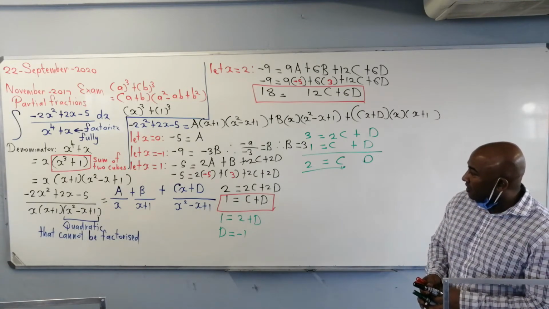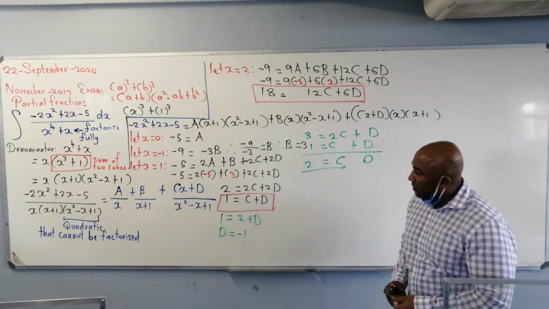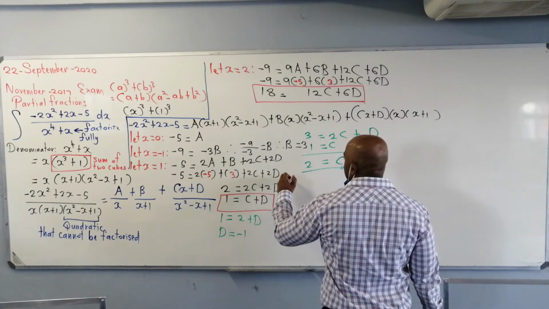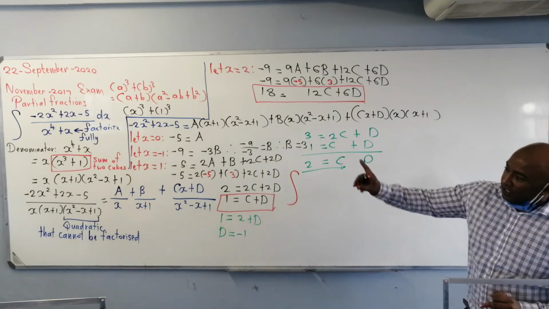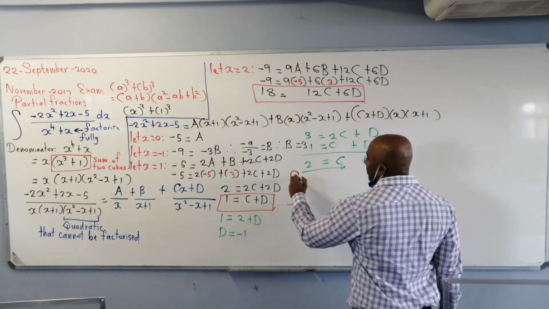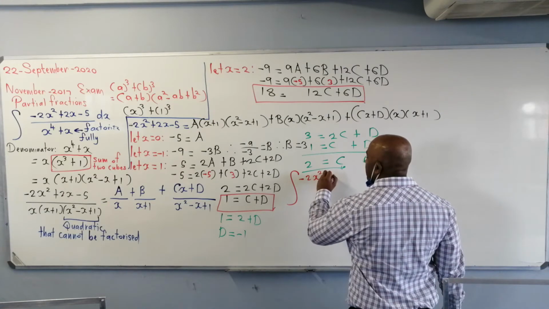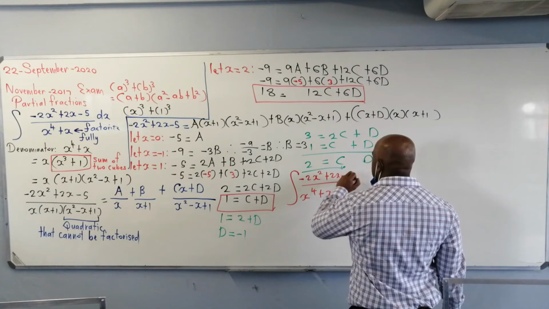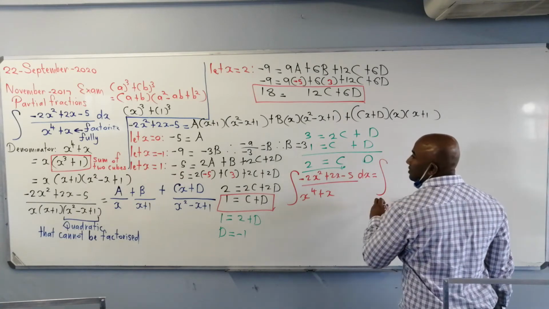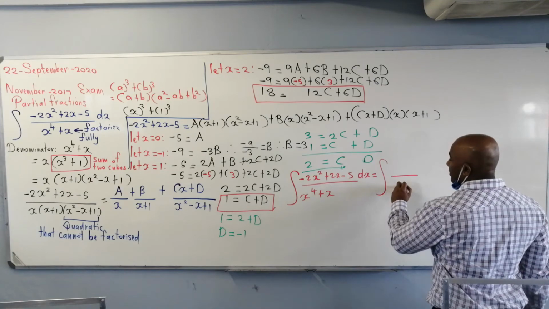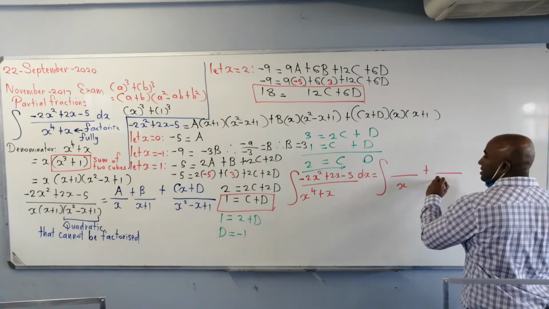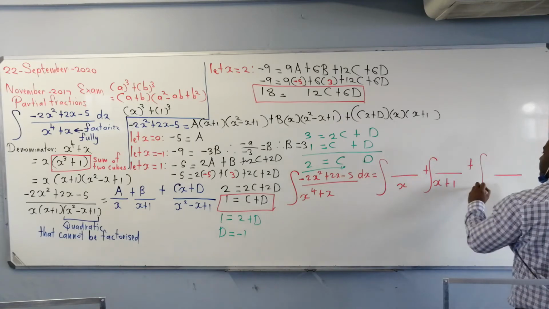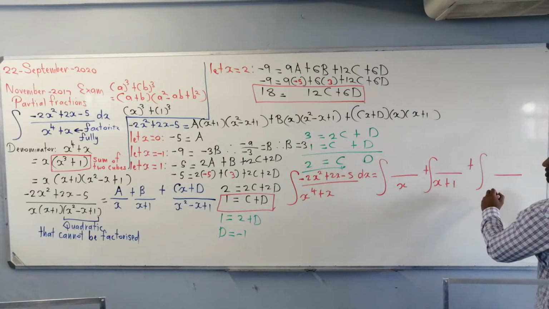Right, so that was the main thing to do there, to find the values of a, b, c, and d. Now, what are we going to do? We need to substitute back into the formula there. Into our fractions. So what do we have? Minus 2x squared plus 2x minus 5 over x. This is x plus 1.